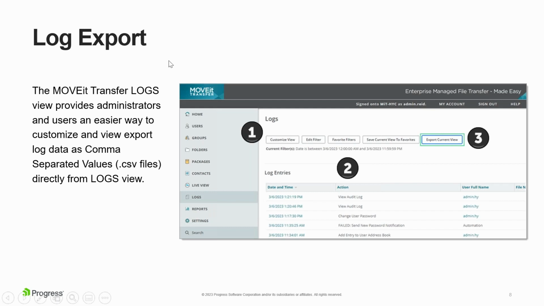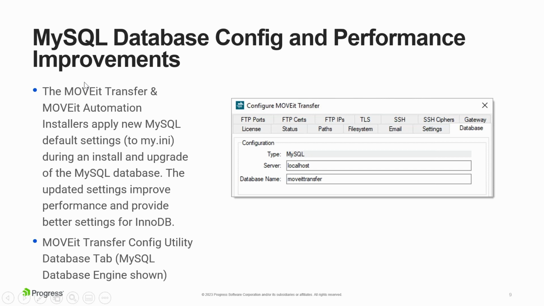Nice. That's great. And here we start to get to the fuzzy edges of my personal expertise. Now, you're probably aware that MOVEit employs the MySQL database. For this release, for MOVEit Transfer and Automation, installers apply new MySQL default settings to the my.ini during an install or an upgrade of the MySQL database.